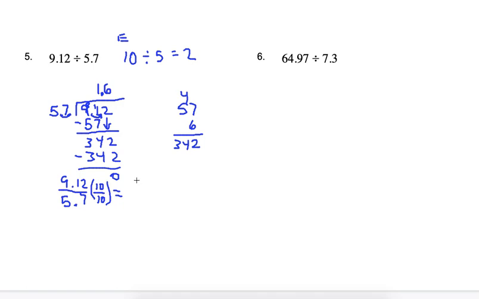But what that does is change that to 91.2 and that to 57. So now we don't have a decimal in it. So if we move this decimal over to get rid of the one in front of that one, we move this one over, and then it would still line up.